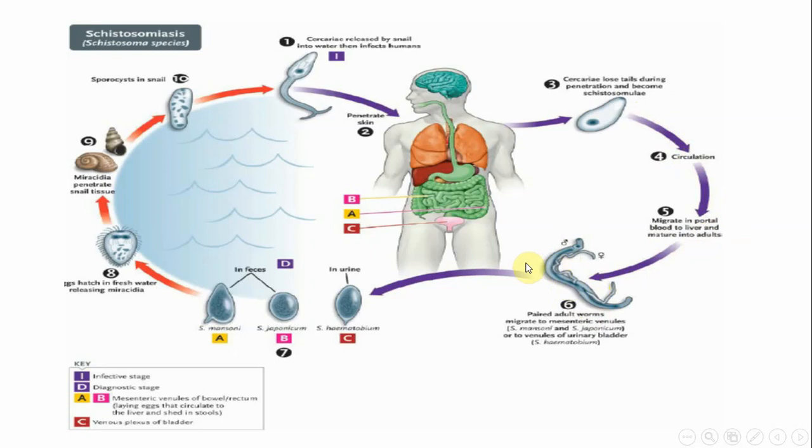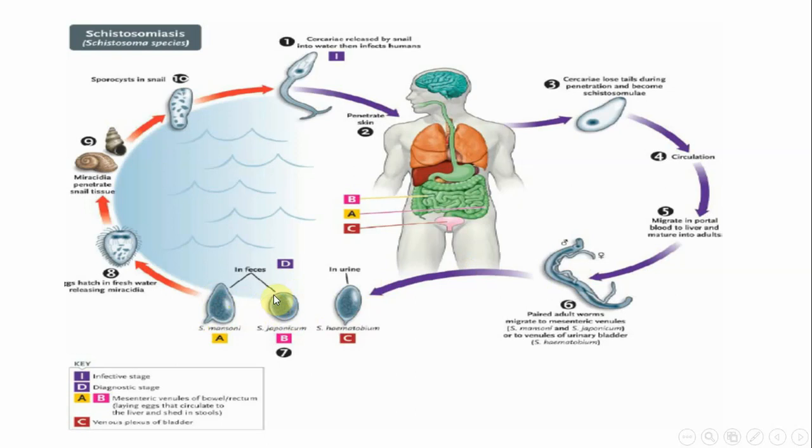Then will add its eggs, and these are the three types of the egg. In the case of Schistosoma mansoni, the egg has a lateral spine.